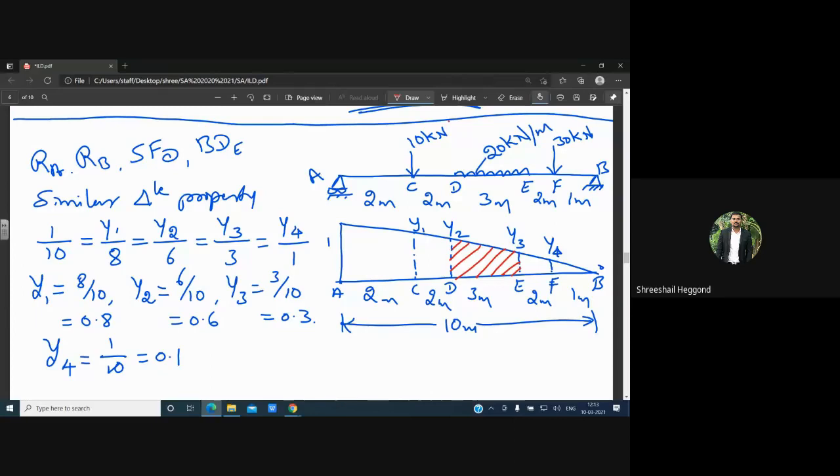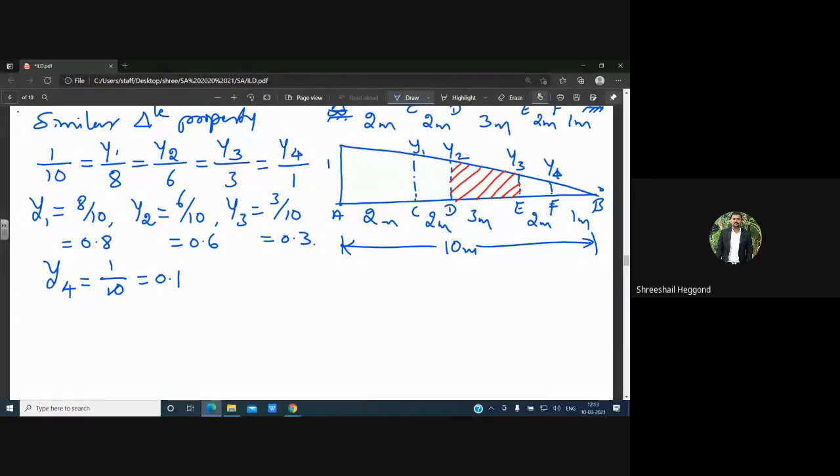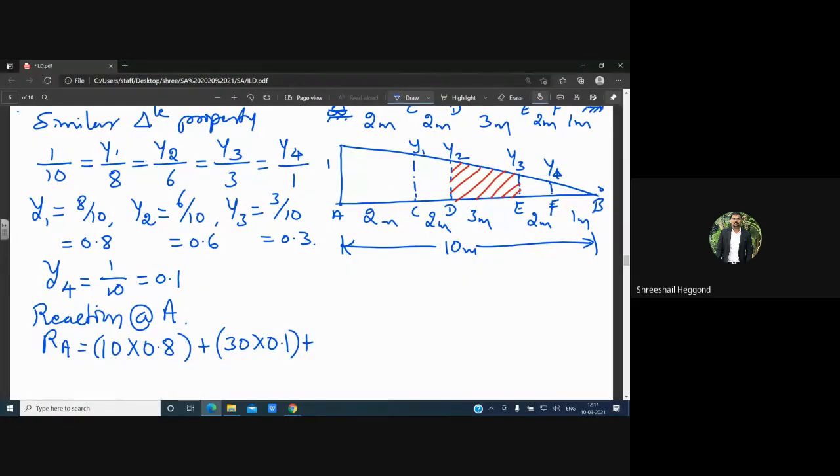The reaction at A point can be calculated as RA is equal to, we applied point loads, that is 10 kilonewton into the ordinate of 0.8, plus 30 kilonewton load is acting, that is also a point load, therefore 30 into y4 of 0.1, plus the third load is UDL. For that you need to multiply the applied load into the area under the load.